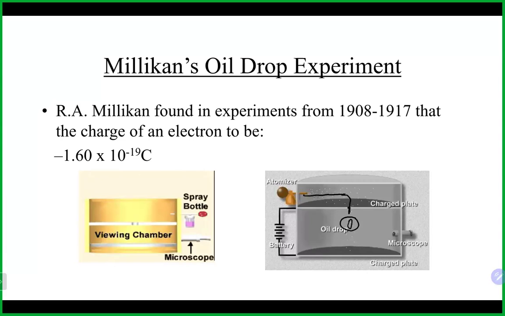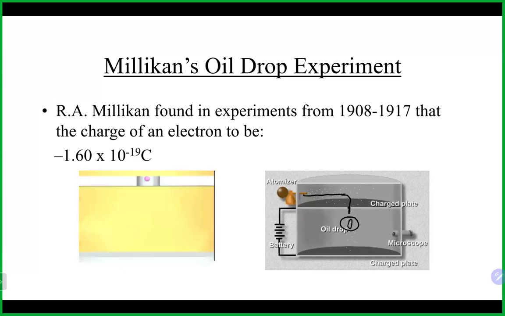And from that, he was able to figure out another really important aspect of the electron, which is the charge of an electron. And there's an example of that experiment. It starts to drop, adjusting the electrical field, and you can see the oil droplet just kind of hangs there.